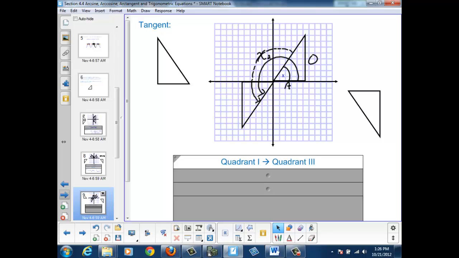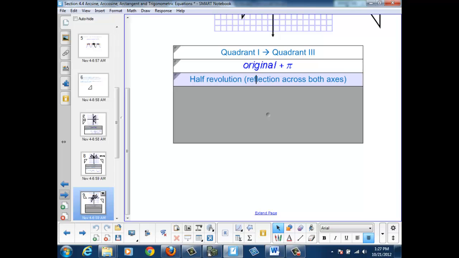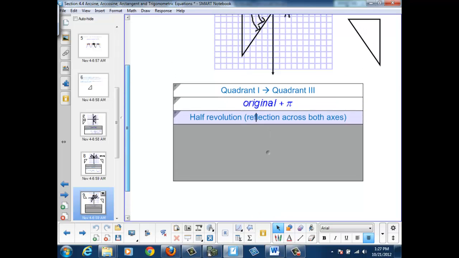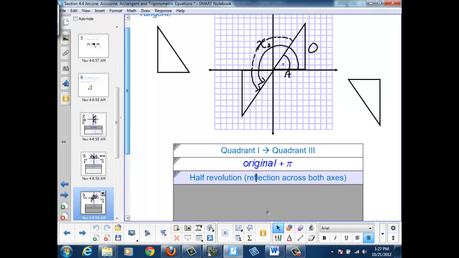So we're going from quadrant 1 to quadrant 3, and we're going to achieve that by adding half a revolution, either pi radians or 180 degrees. So we have a half revolution difference between the two angles.